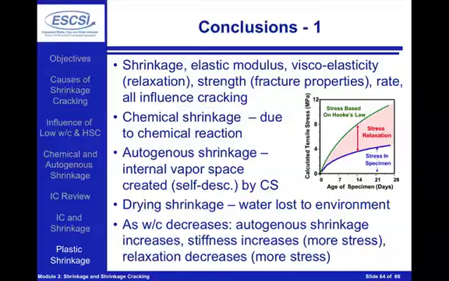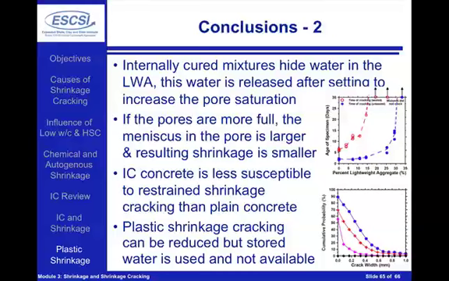As the water to cement ratio decreases, the autogenous shrinkage tends to go up, the stiffness of the system goes up, which leads to more stress, and the viscoelastic or creep components are not as prevalent, and they are going to lead to a lower amount of relaxation and more stress developing inside of our concrete.